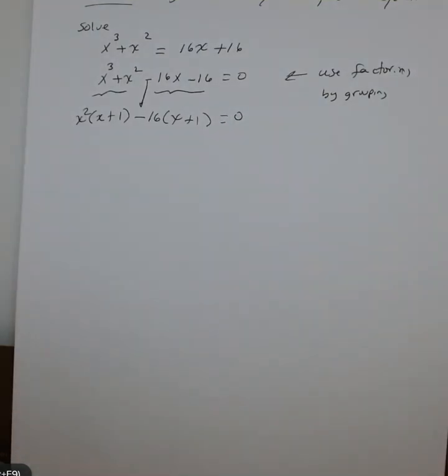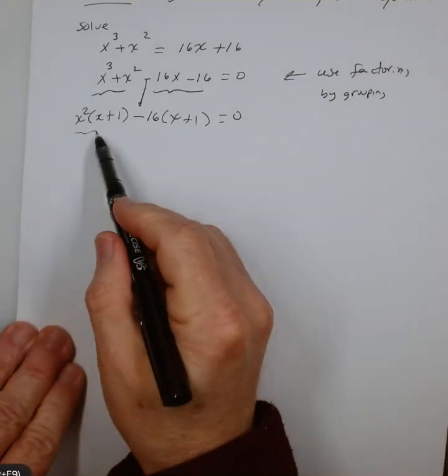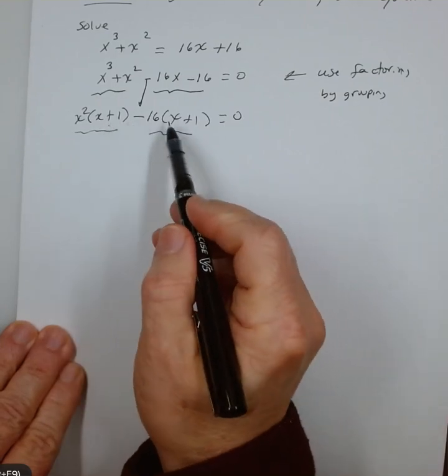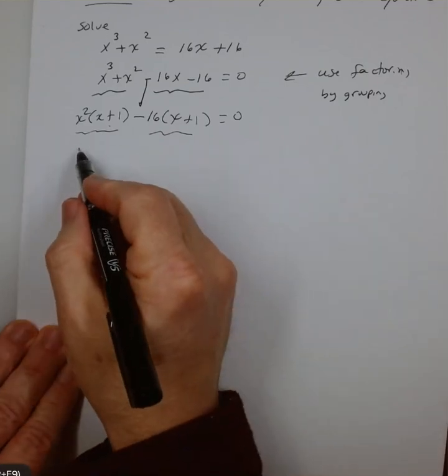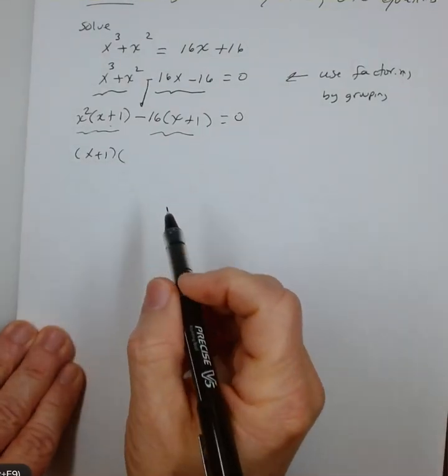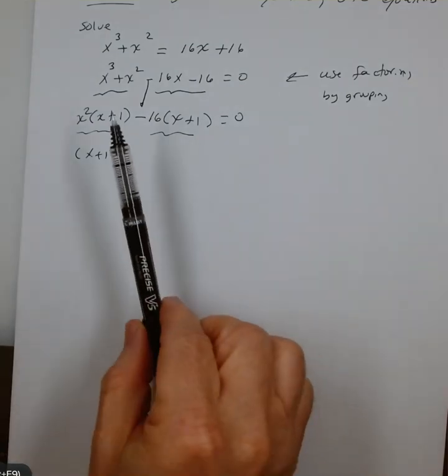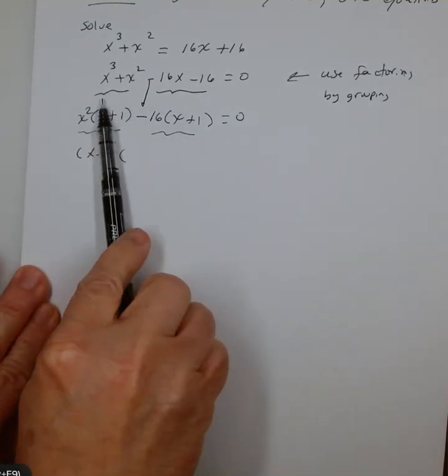Now let's look at those two groups. What do those two groups have in common? X plus 1. So now I can factor that out. I get x plus 1 times, now if I factor out this x plus 1, what's left?